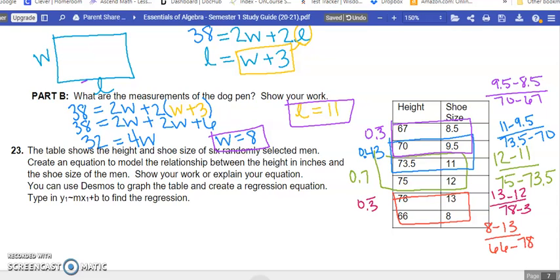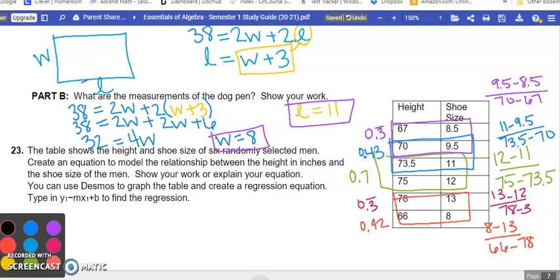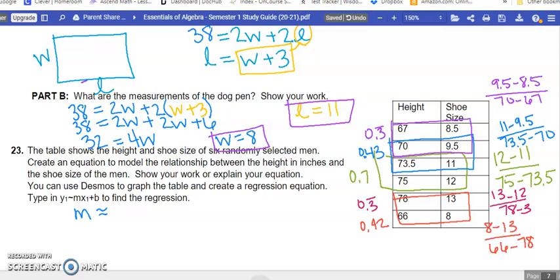So that I'm just dividing. Okay, so I'm adding all these together, dividing them by 5. And I get a slope of about 0.44.